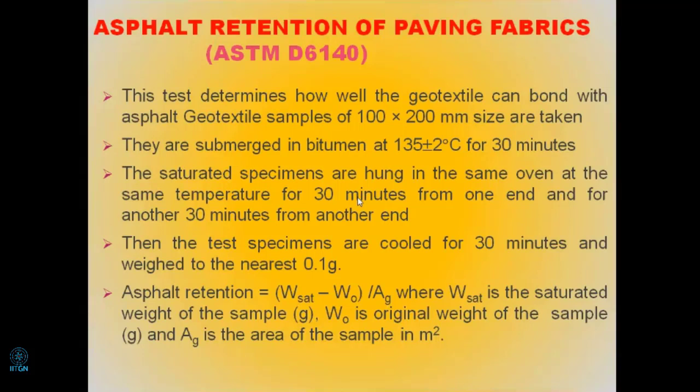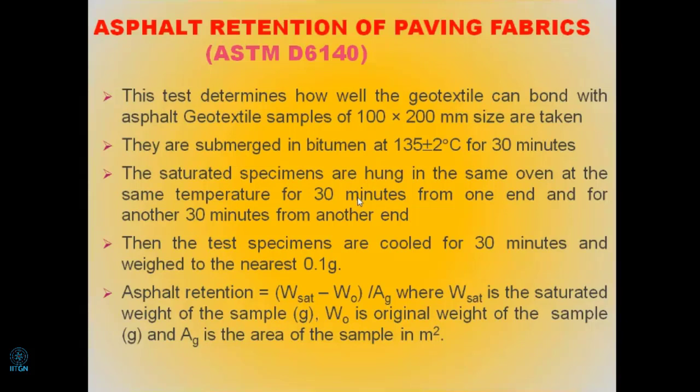We submerge the virgin geotextile in bitumen at 135 plus or minus 2 degrees centigrade for 30 minutes. After that, we bring out the samples and hang them in the same oven for 30 minutes from one end, and then 30 minutes from the other end.